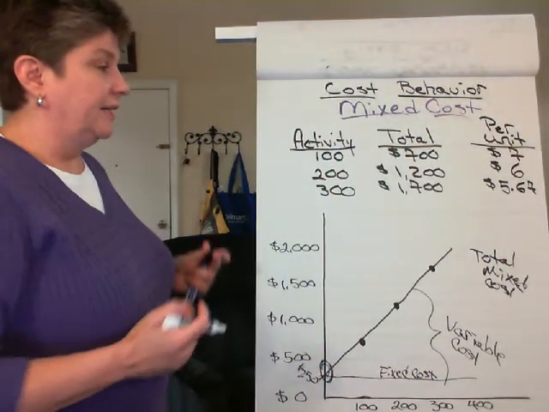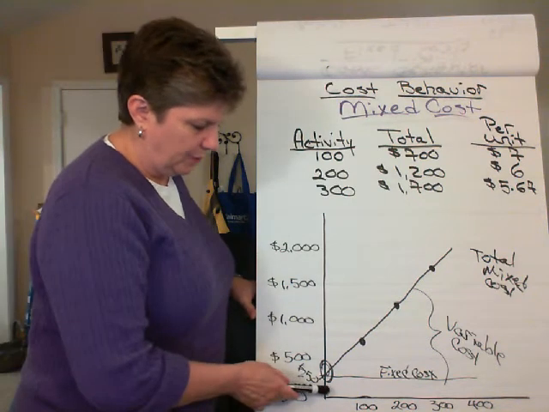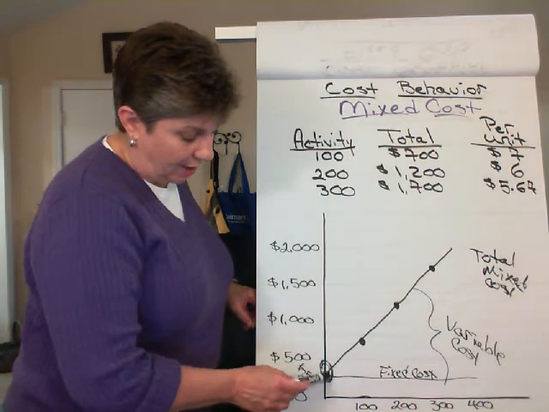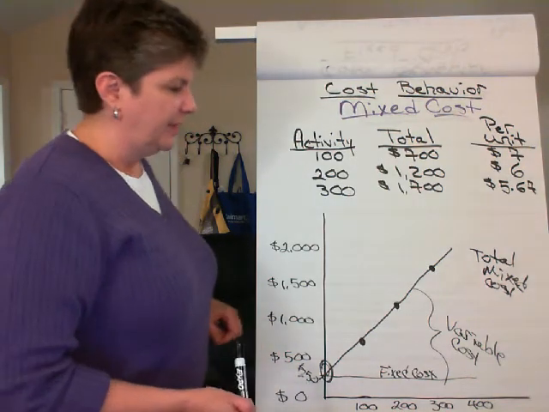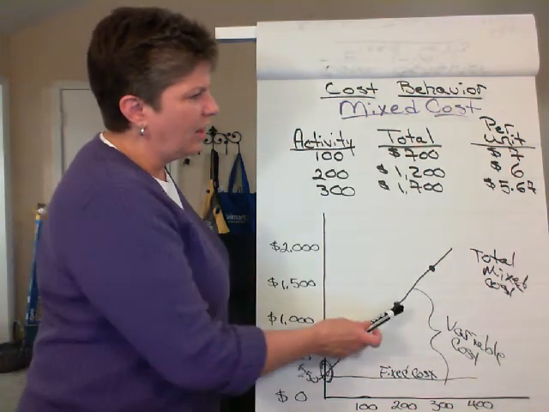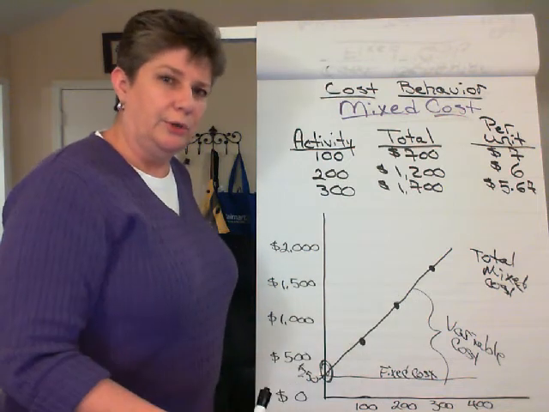Now, from looking at this data, we don't really know exactly what, we've got an approximation here from graphing it, that our fixed cost is approximately $250, but that was just eyeballing it with a not too straight line. And we also don't know exactly what our variable cost per unit is.